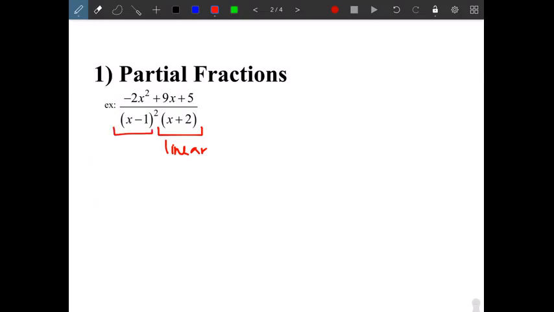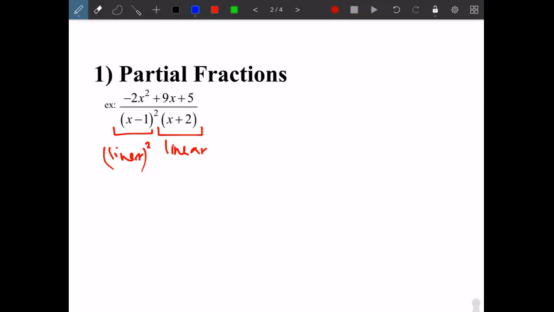However, regarding the second term, I have a linear factor to the power of 2. So over here, we need to determine what the possible partial fractions are that, when you add them, give you (x minus 1) all squared into (x plus 2) at the denominator.